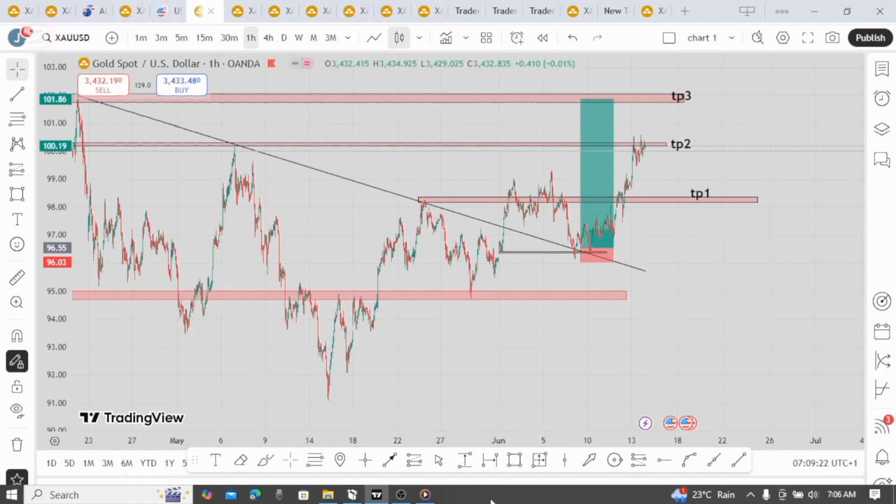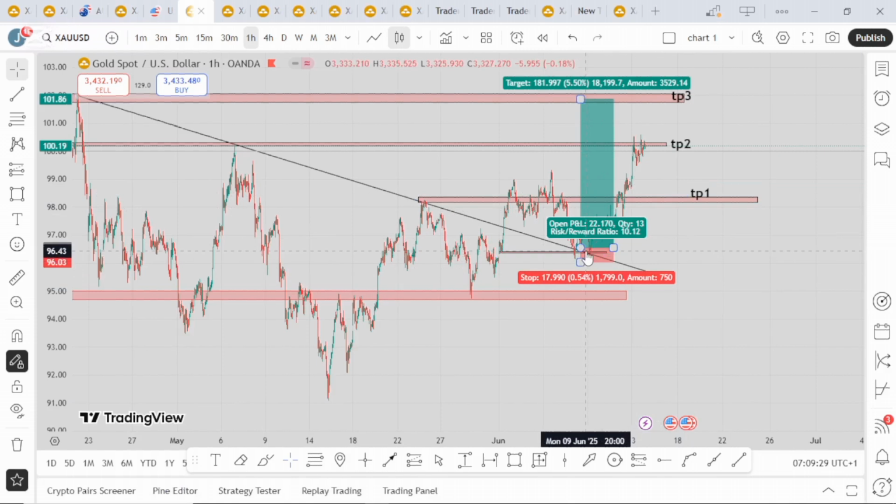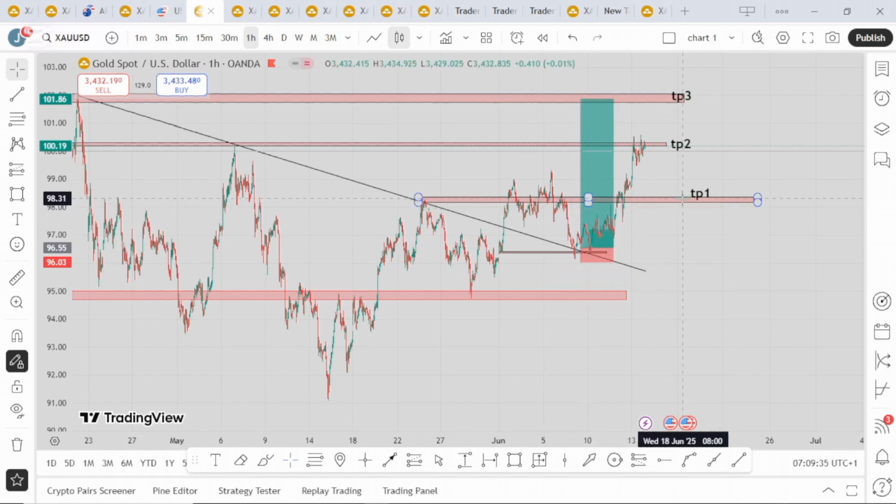Let's go now. You see we have been holding gold recently, since from this point here, and gold has broken through our TP1. We have held that and broken it massively. Now gold is resting on our TP2.